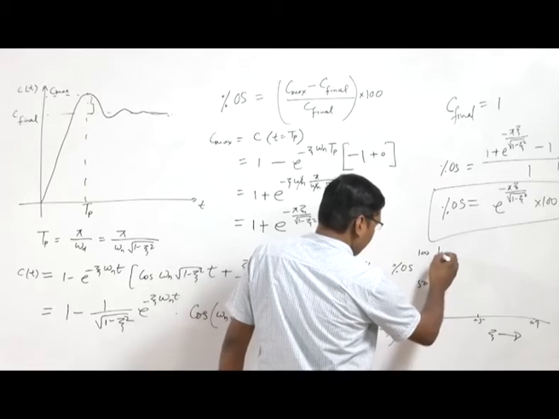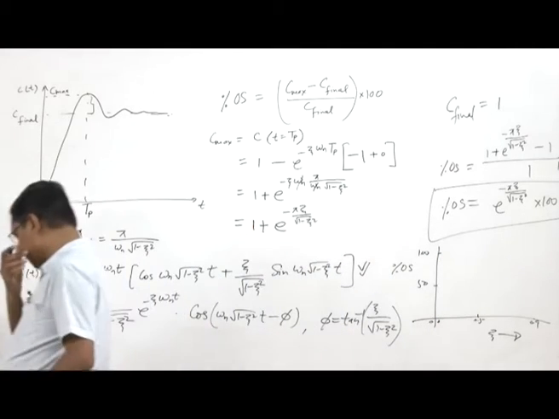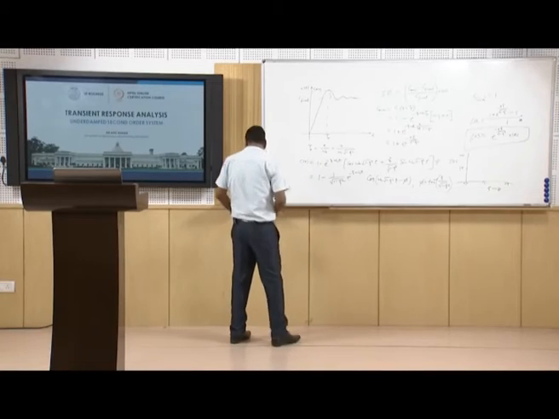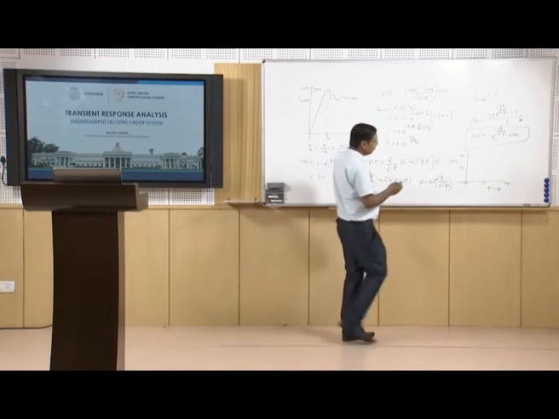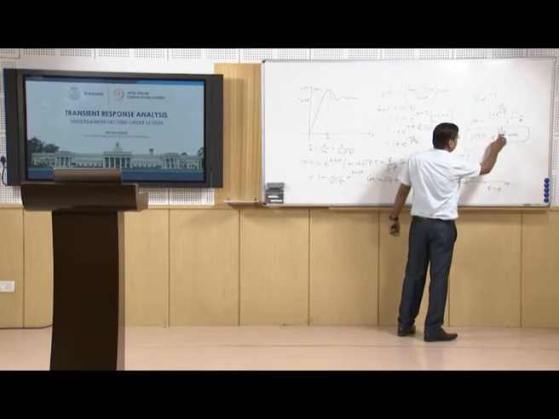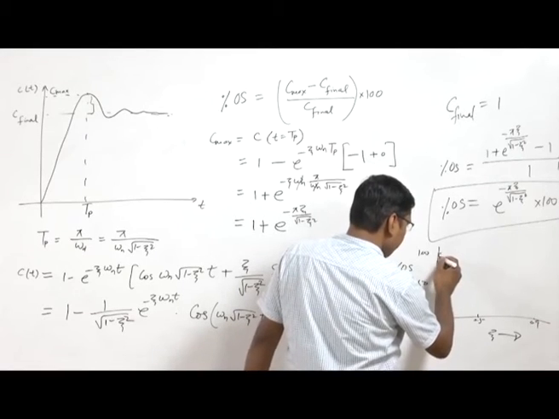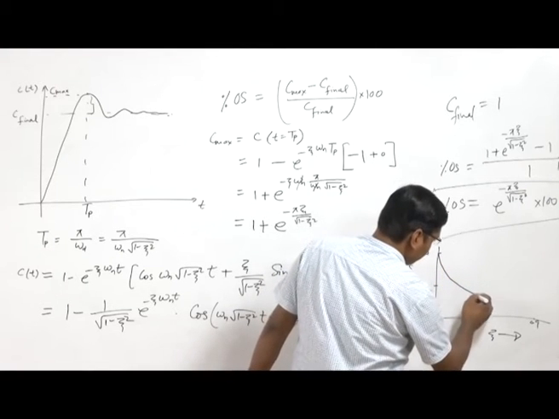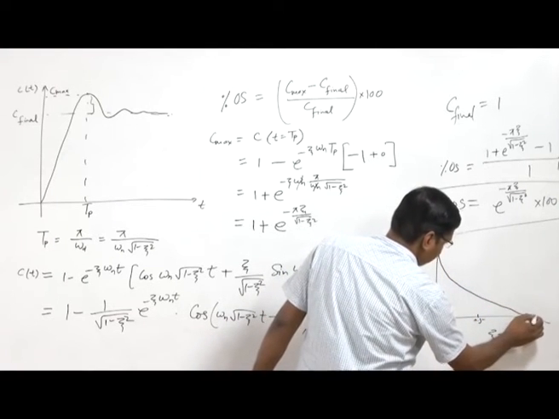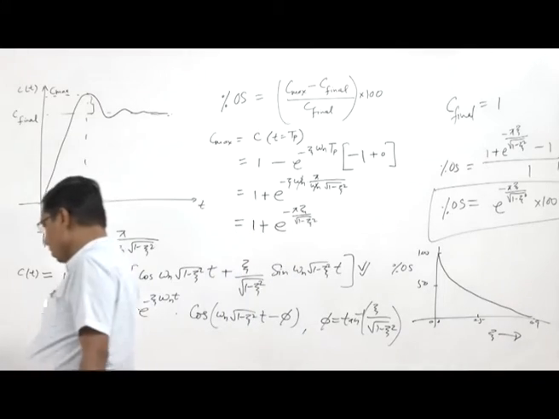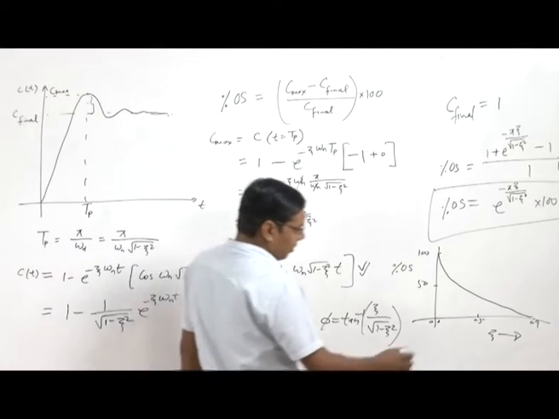Percent overshoot when damping is 0 is 100%, and then it will start decreasing exponentially, negative exponential, and it will meet somewhere here.